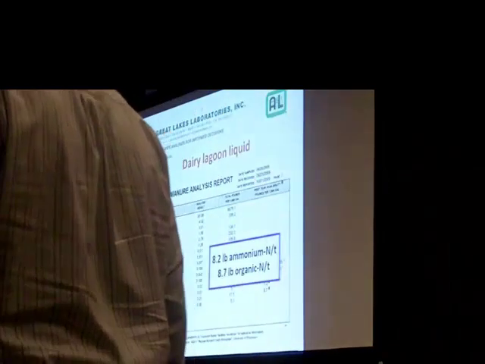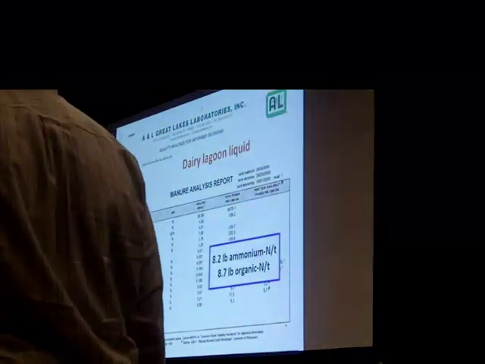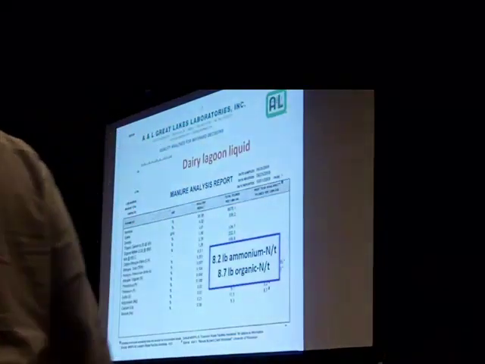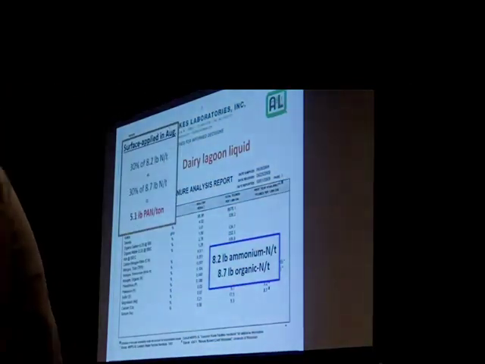With dairy lagoon liquid, the liquid manures are going to be equal or more ammonium than organic N, and so the surface application has the potential to lose a larger percentage of the total nitrogen that's in the manure.